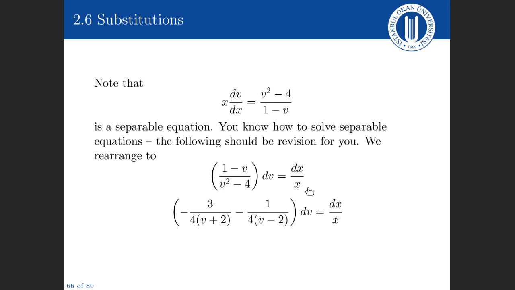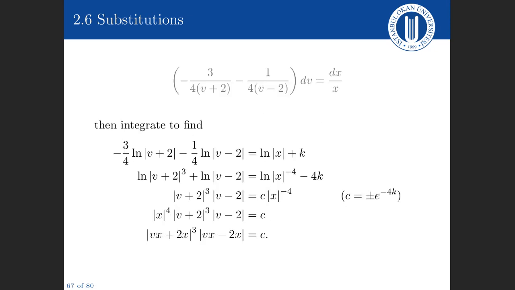I can use partial fractions on the left side, and then I can integrate and rearrange, and find that the solution is the absolute value of v plus 2, cubed, multiplied by the absolute value of v minus 2, is equal to a constant. Please check through this. You will see that you know how to do this.